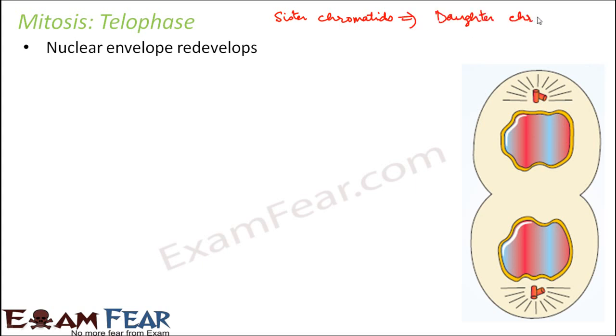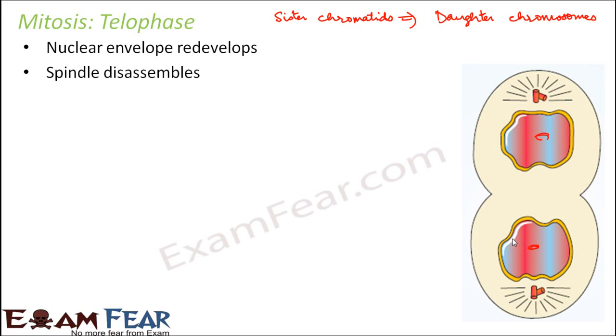So please do not get confused with these different terms. As long as they are together in a chromosome, they are called sister chromatids. But as soon as they get separated, they are called daughter chromosomes. So now, wherever you have your daughter chromosomes, here and here, a nuclear envelope will develop around that.